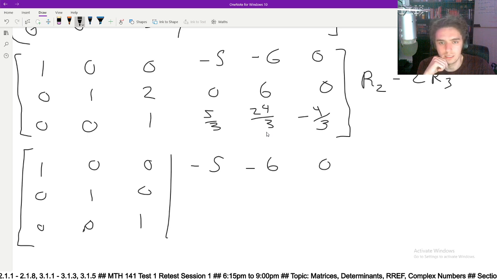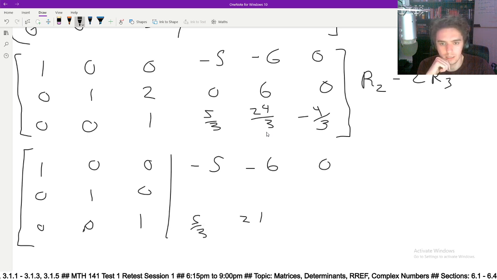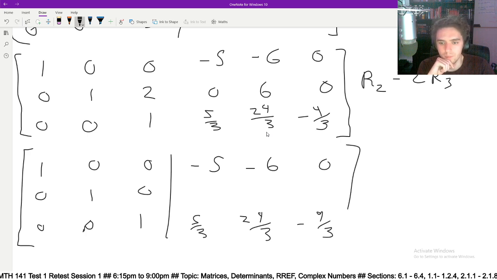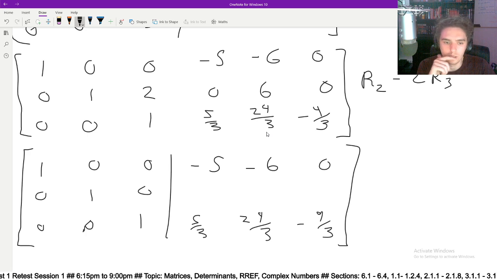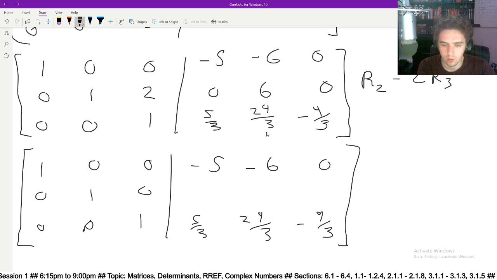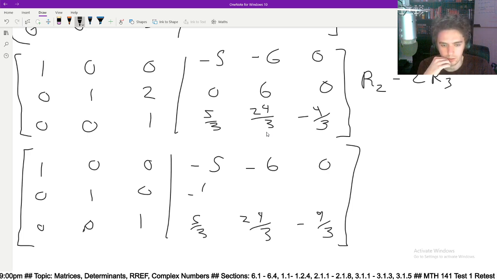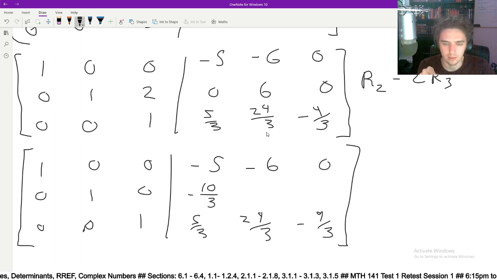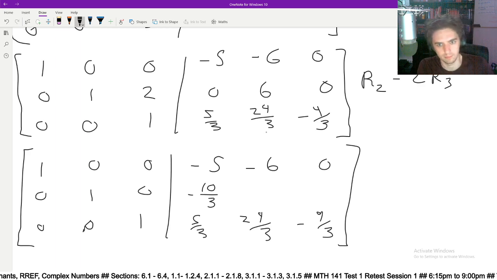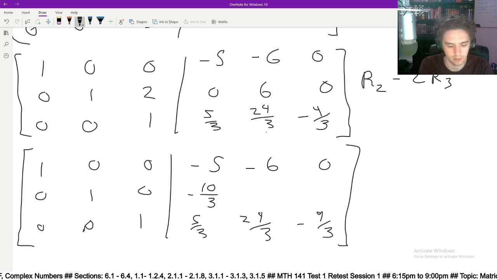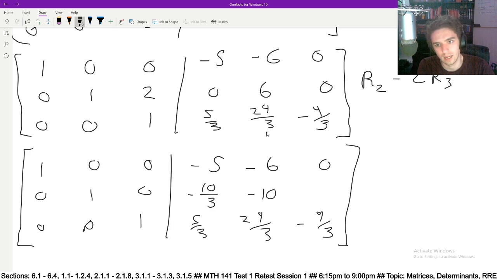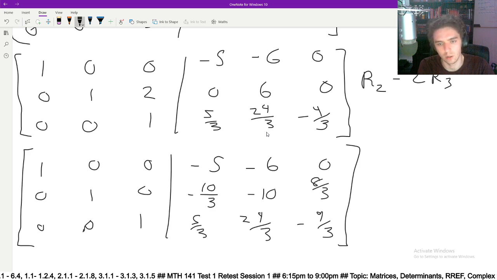So this stays the same, this stays the same, and now we just got to figure out that middle row. So 0 minus 10 thirds, so minus 10 thirds. 6 minus 48 thirds. Let's just do that here. 6 minus 48 thirds is negative 10. And then this is going to be 8 thirds. So 0 plus 8 thirds.